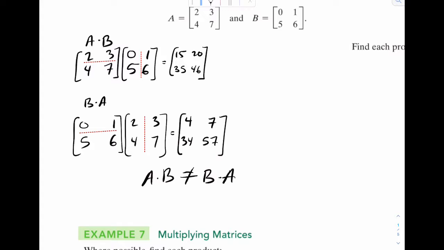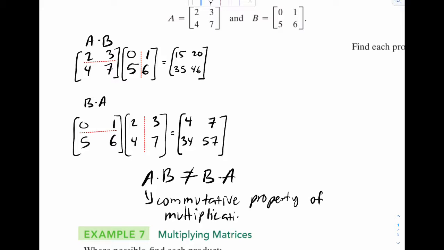So what we're going to write is, in matrix world, the commutative property of multiplication does not apply. So that's pretty weird, because this is the first time in your math career where really this is not working. So that's why matrices, again, are pretty special.